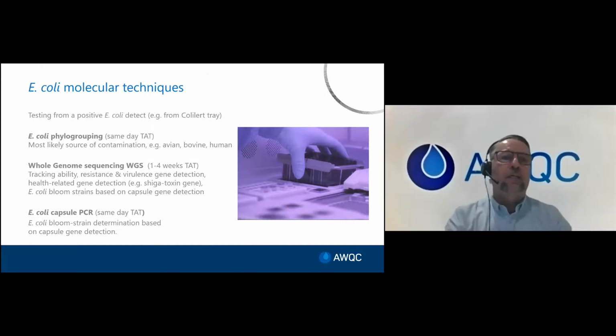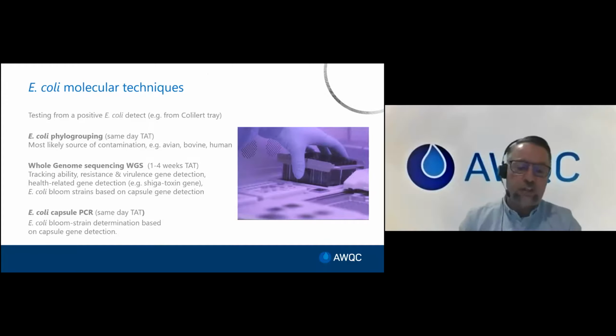Other molecular techniques that we do provide is testing from positive E. coli samples. For example, if customers submit a Colilert tray with a positive E. coli detect, then we can offer E. coli phylogrouping. Routine testing for E. coli, for example, via Colilert does not provide the information on the origin of the E. coli detected.